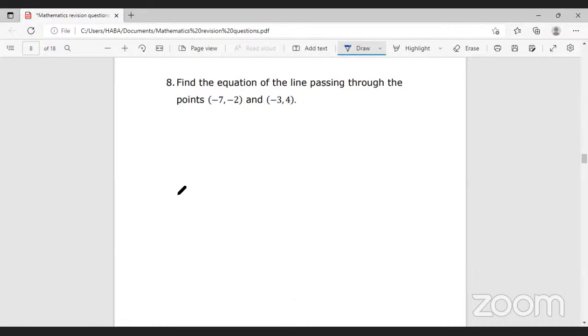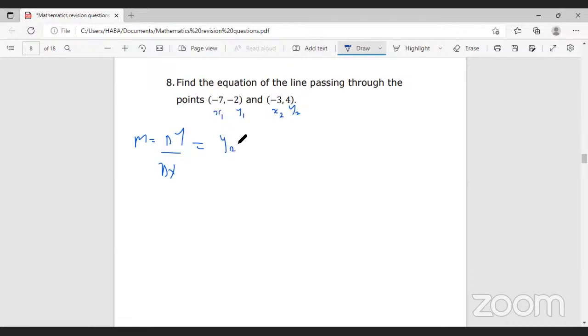So what do we begin by finding? The gradient, which is change in y over change in x. So we can rename these ones as y2, x2, y1, x1.